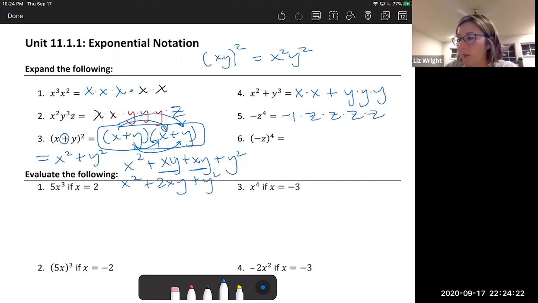And then the next one, we're doing -z times -z times -z times -z, and we've got 4 of them all written out. That negative is included inside the parentheses that time, so that is why we're including it when we're multiplying it out by itself 4 times.